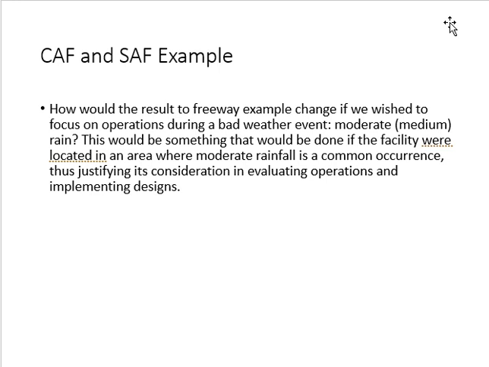Now they are saying that on this highway we have a weather condition. In the original question, the weather condition was not given, so I did not apply any adjustment factor. But now there is a weather condition. How would the results change if the weather condition on the road has moderate or medium rain?